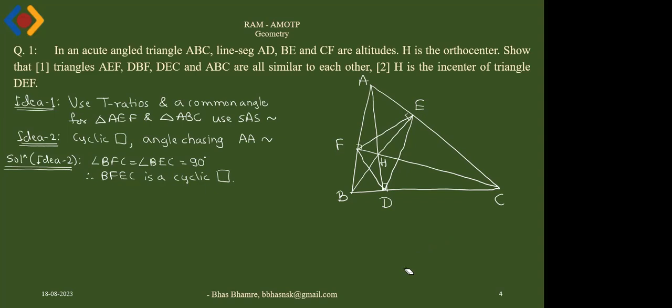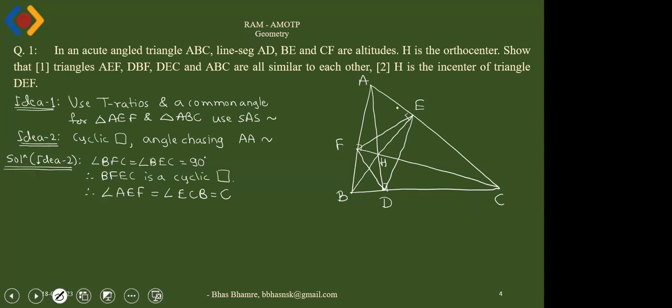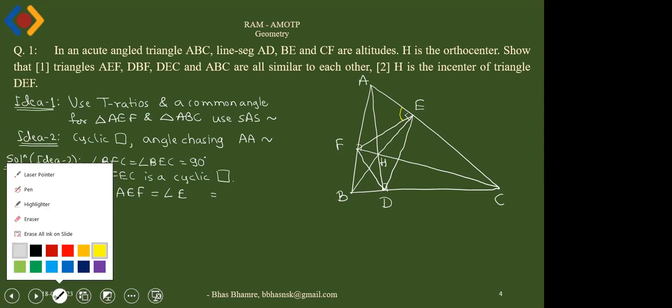And therefore, we can say that angle AEF is equal to angle ECB, which is merely capital C, the angle of triangle ABC, the standard notation. Oh, I think I made a mistake over here. Nobody recognized it, only I recognized.